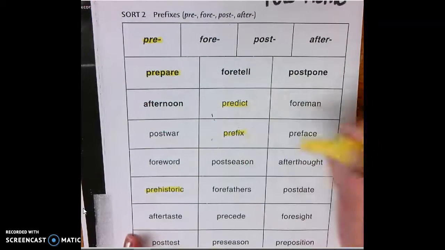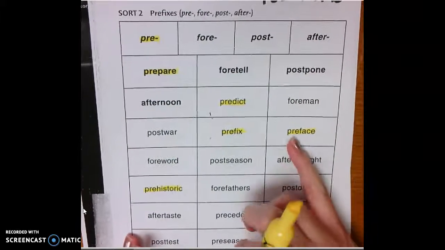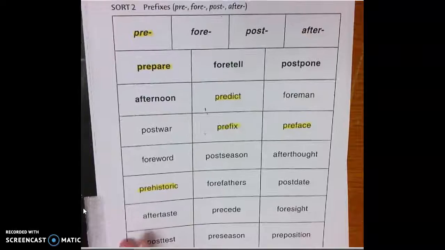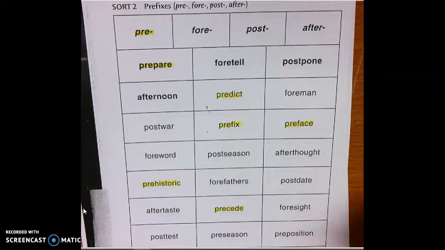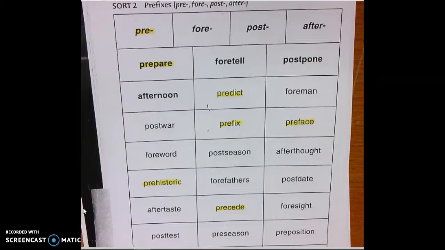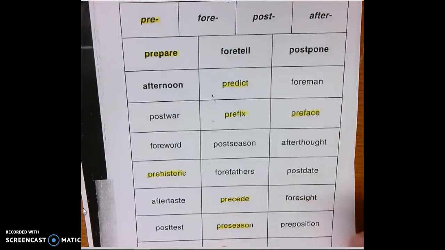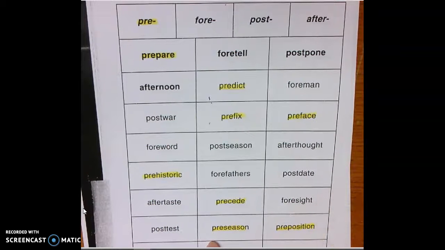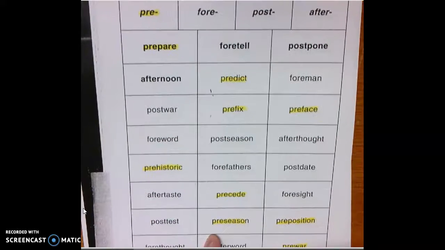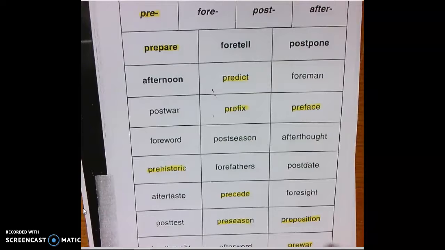Prefix, preface, which is the introduction of a book. We have precede, which means to happen before. So if I say Monday precedes Tuesday, it means that it's happening before. We have pre-season, before the season. Preposition, before the position. We already did pre-war down here. So I think we have all of our pre-words.